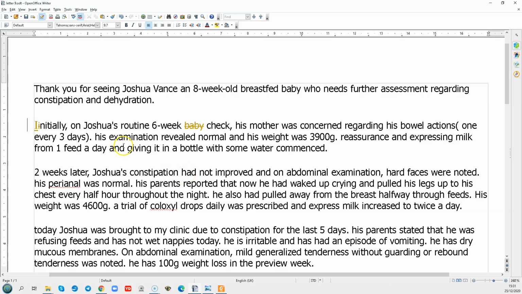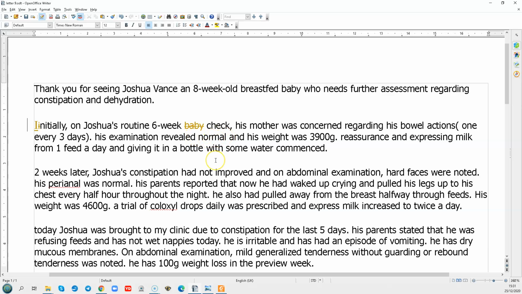So on Joshua's routine 6-week check, or Joshua and his mother presented for his routine 6-week check, she expressed concern. So you could say his mother was concerned, or you could say she expressed concern regarding his bowel actions.